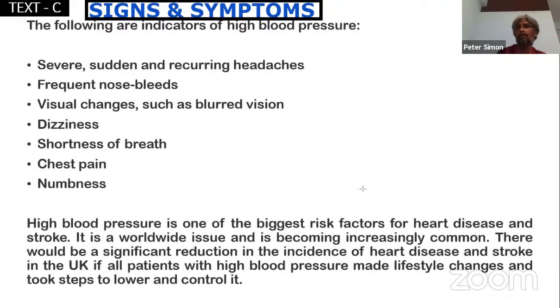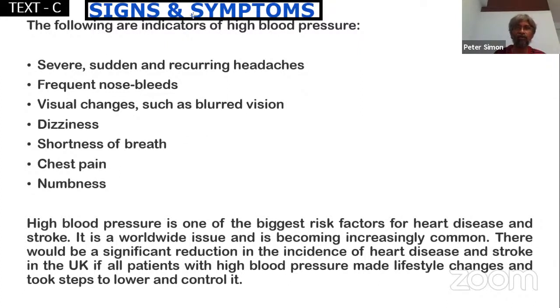So if this is signs and symptoms, what are signs and symptoms? Let us see. These are symptoms. Chest pain, numbness. The following are, all these 7 are signs and symptoms. So all the 7, there are 7 indicators here.